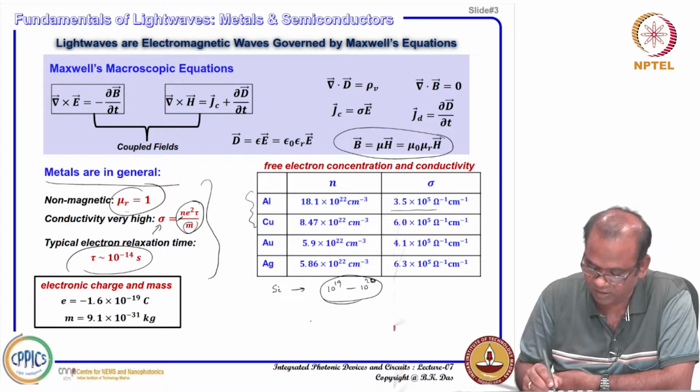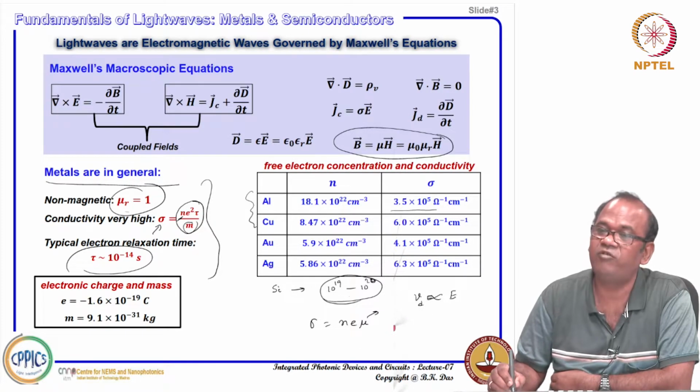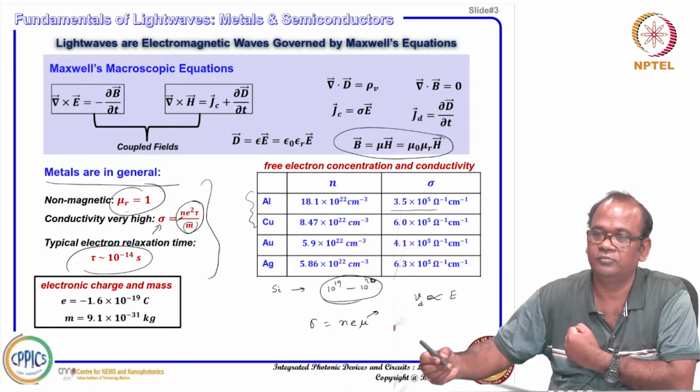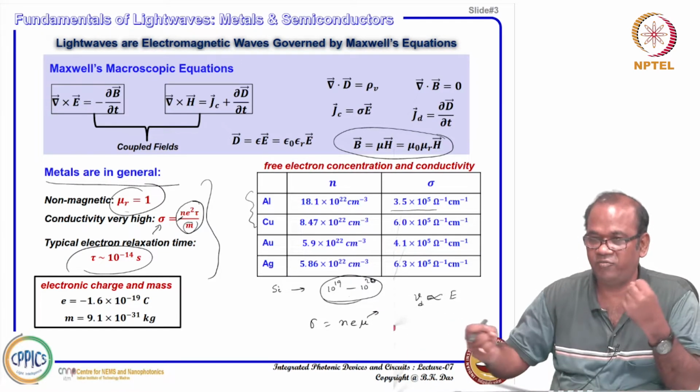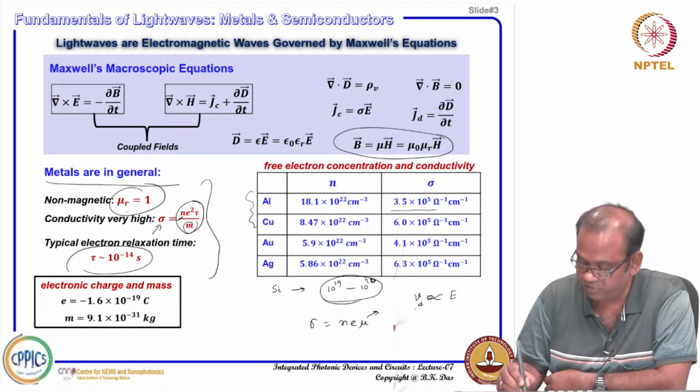Typically in the case of a semiconductor, you write conductivity as n e mu, where mu is the so-called mobility. What is mobility? The drift velocity of an electron inside the crystal is proportional to the electric field you apply. If you apply an electric field, the electron will start moving, and that is called drift velocity.